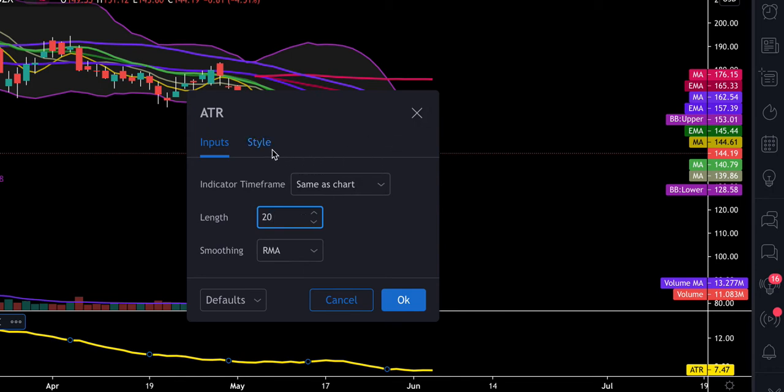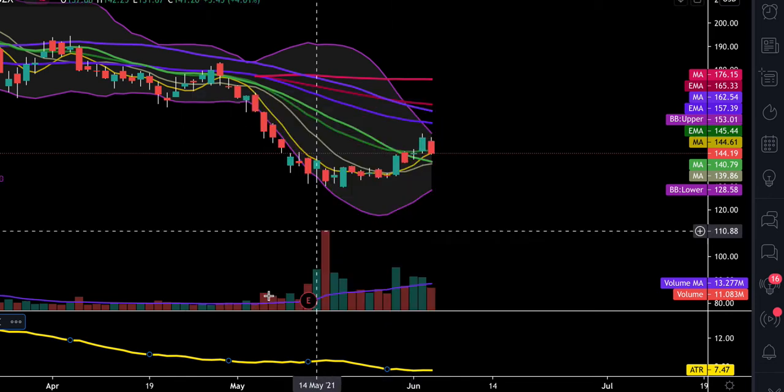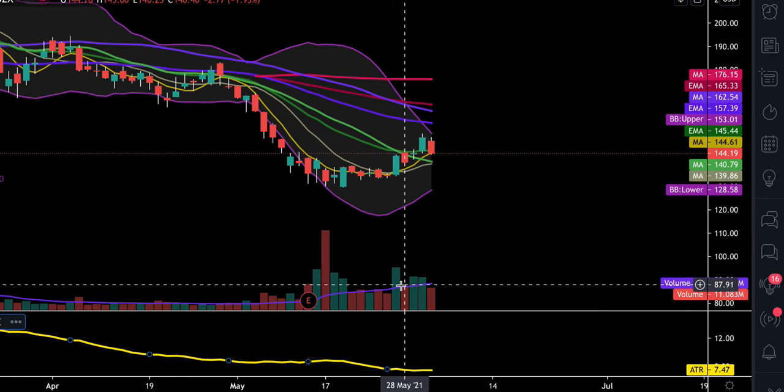I like to use 20 just because there's 20 trading days in a month. So this looks at the average over the past month. I use a 20-day length on my volume moving average as well, so I just like to stay consistent in looking at data over the past month. I feel like a month is a nice combo of recency bias for day trading, but also you get a decent bit of the medium-term sentiment for swing trading as well.